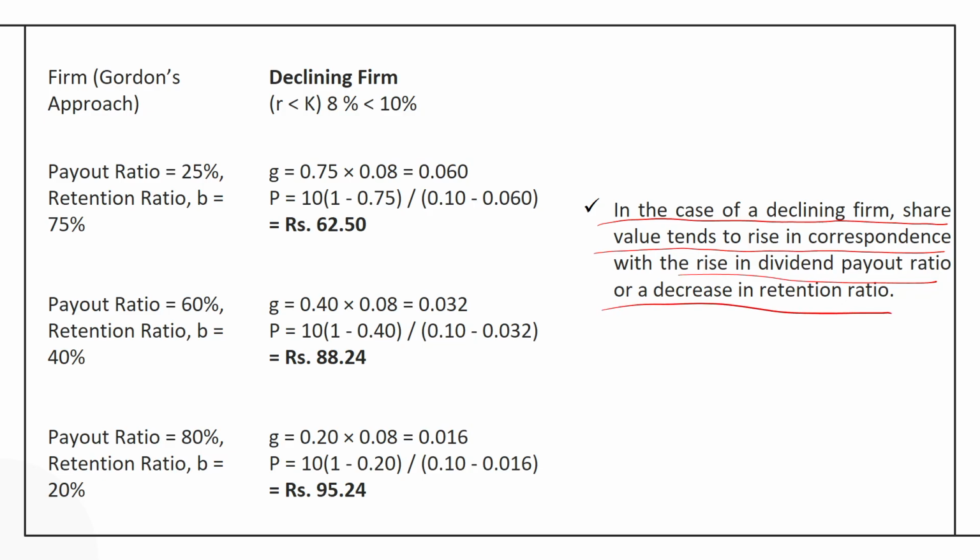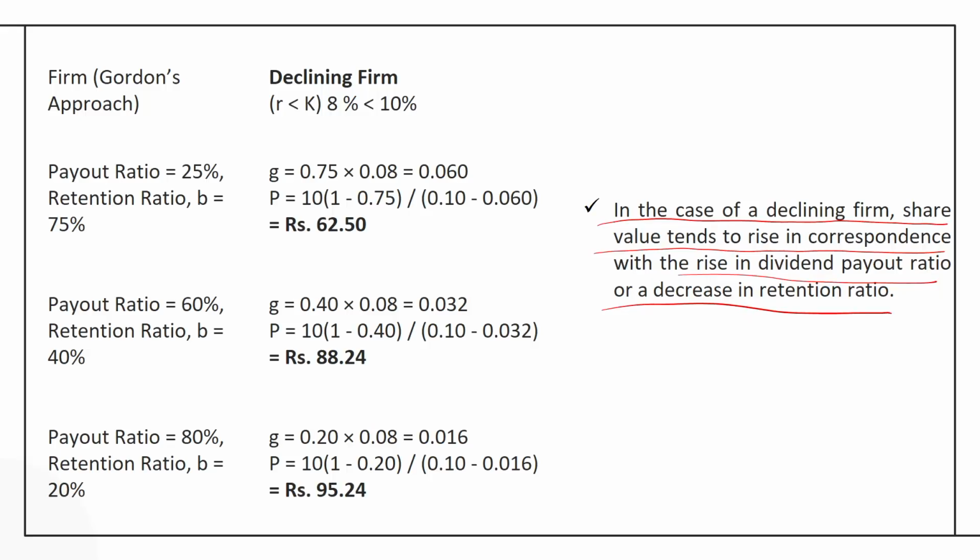So, we have seen that a growth firm would have 0% payout, 100% retention ratio, whereas in the case of a declining firm, the optimum ratio is one where 100% of the earning is given to the shareholder in the form of dividend.